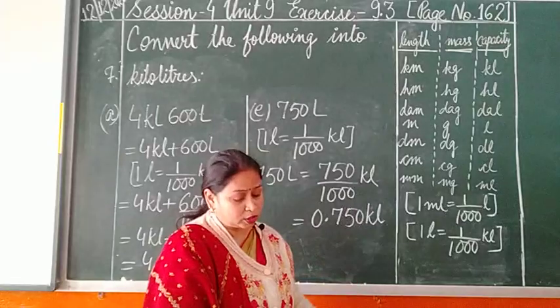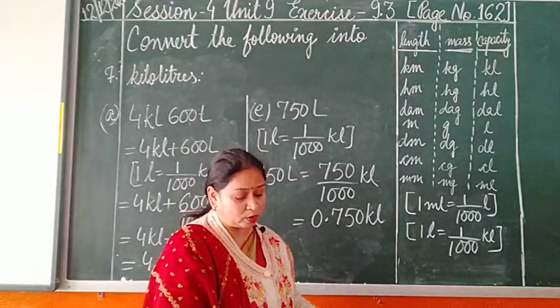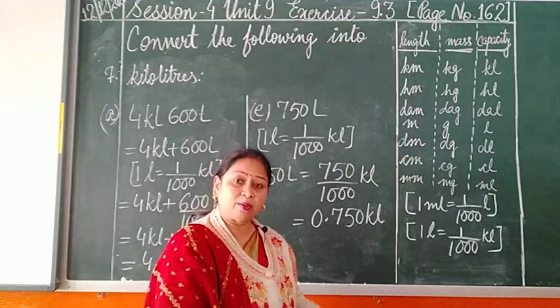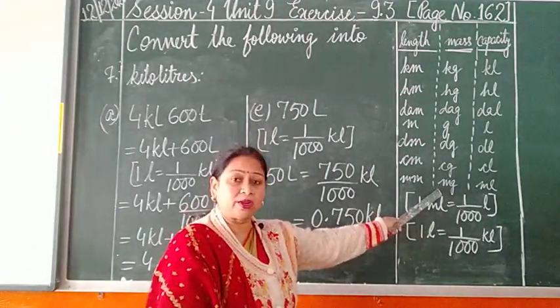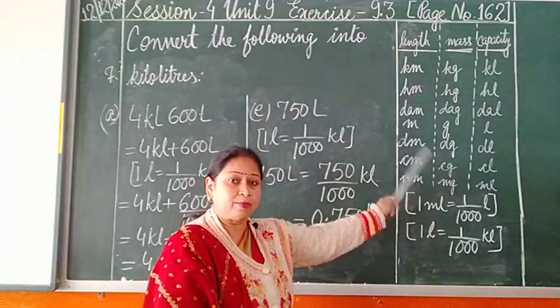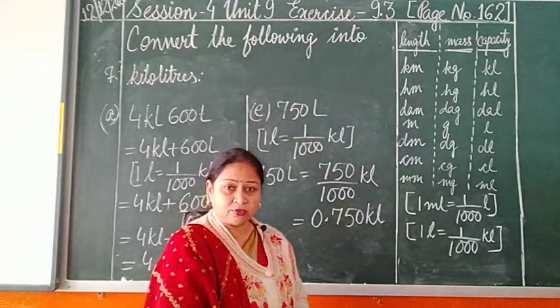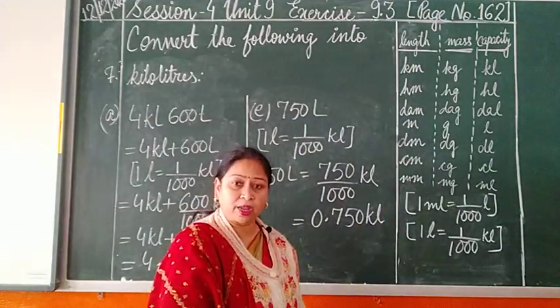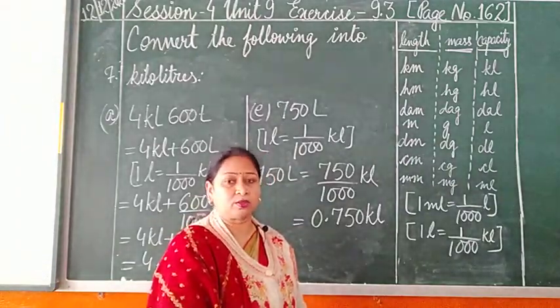Then the questions which are based on the conversion of gram, kilogram, or it is given milligram, gram, all these conversions are there. Please write down this one: milligram, centigram, decigram, gram, decagram, hectogram, kilogram. Then for the capacity, if it is given, then write down for that capacity. Okay, this is going to help you a lot, children.